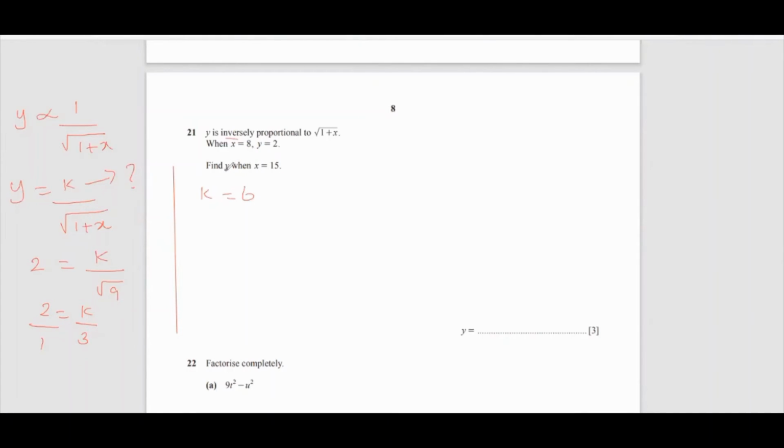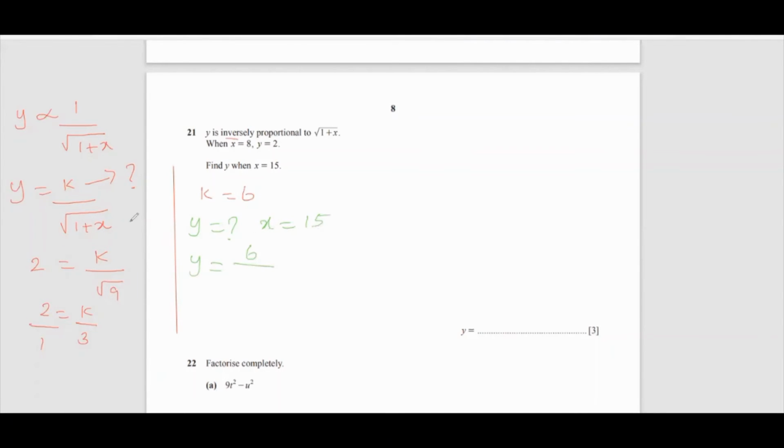Here we need to find y when x equals 15. Now I have the value of k, so let's move on to the equation. y equals k, which is 6, over the square root of 1 plus x.